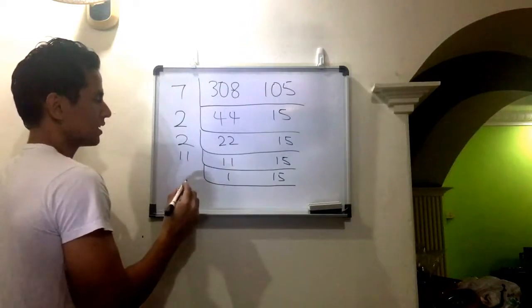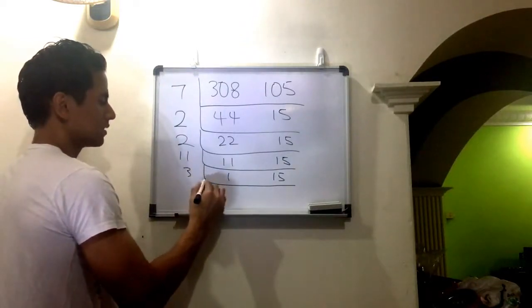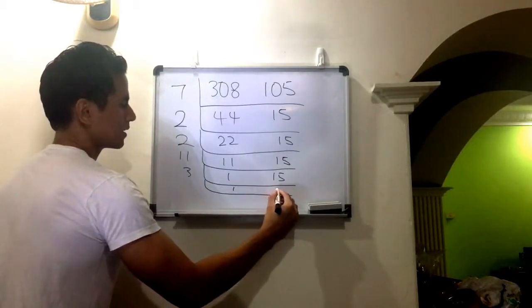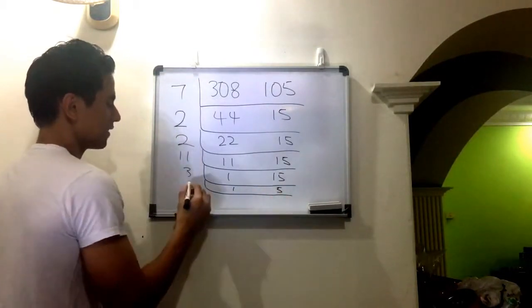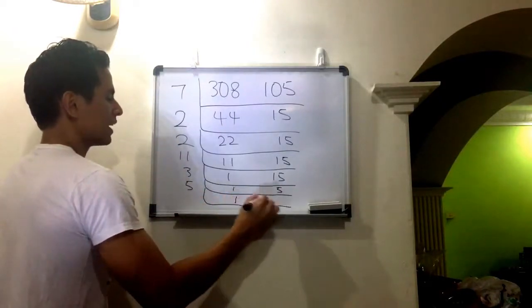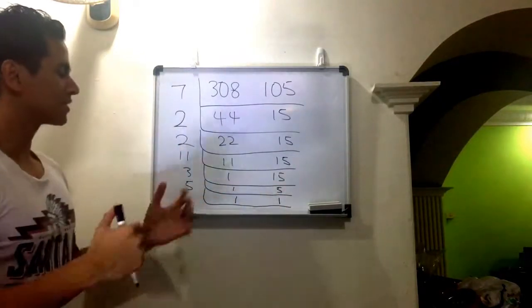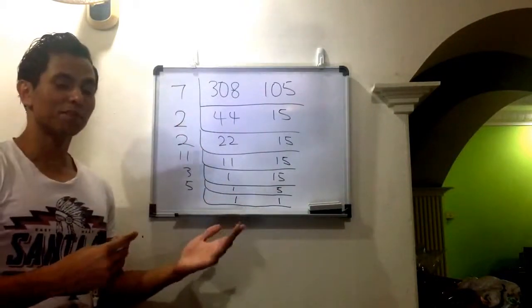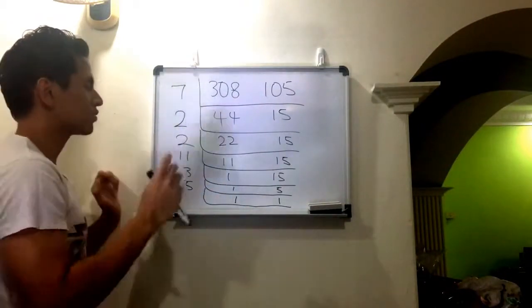So let's say this one will be 3, giving us 1 and 5, and finally 5, 1 and 1.